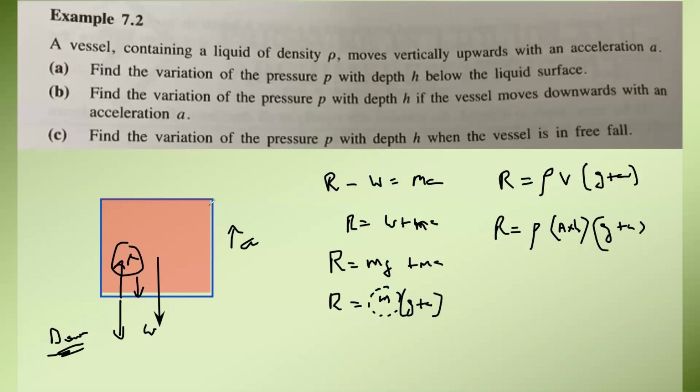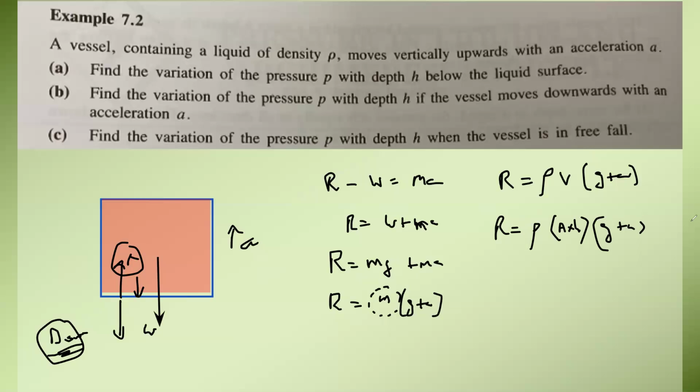That is the total upward force, and there will be a pair force, so there will be a downward force. So this is also a downward force, because R is a pair force of the downward force. So the downward force should also be like this.